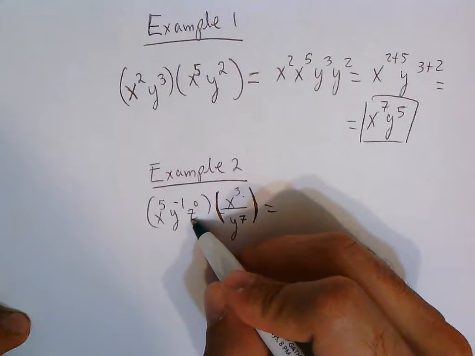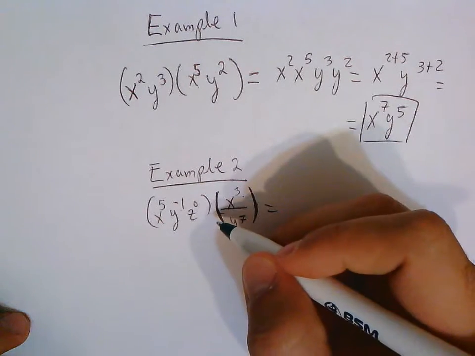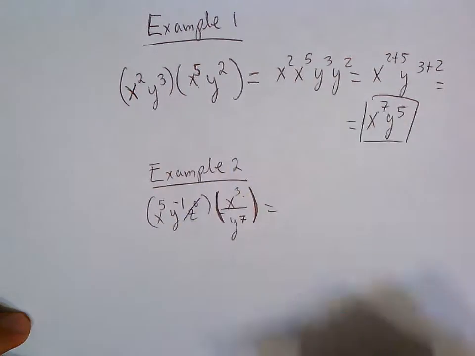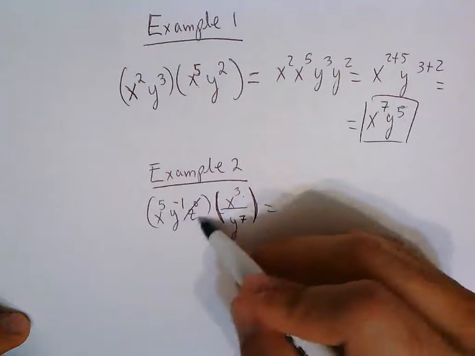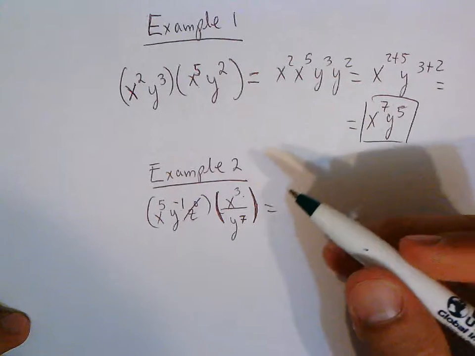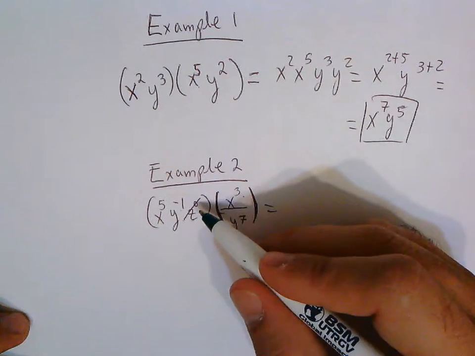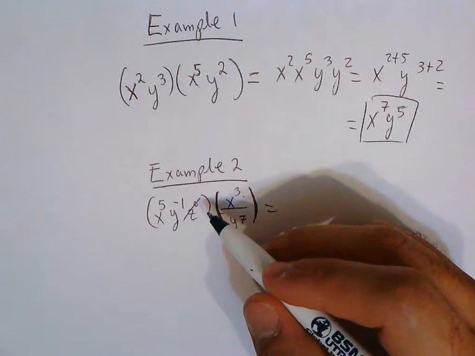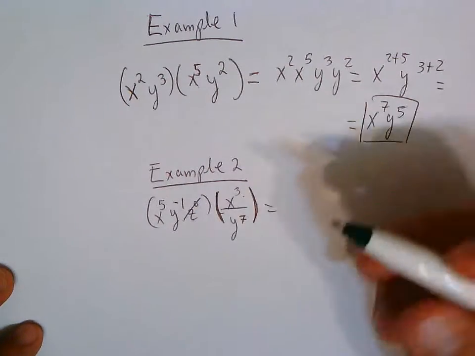Actually, z to the power of 0 is 1. Well, I'm going to scratch this off, not because it gets cancelled, but because 1 times anything will just give me that other thing. So whenever I have a variable raised to the power of 0, I can forget about it in a sense, because z to the power of 0 is just 1.